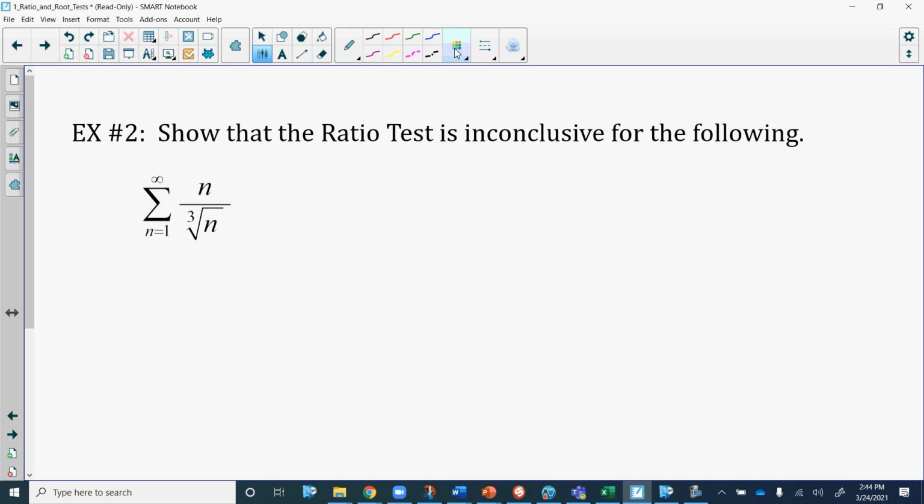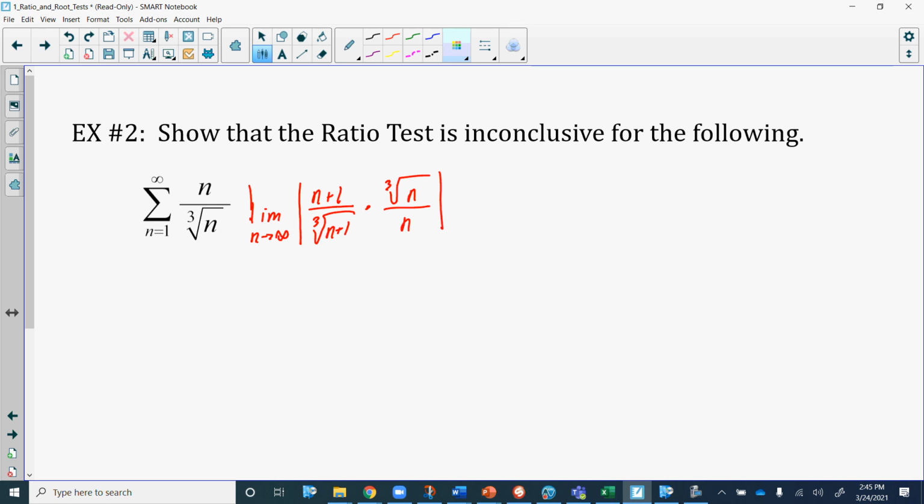Okay. So I'm going to say, according to the ratio test, the limit as n approaches infinity of n plus 1 over the cube root of n plus 1 times the reciprocal of a sub n, in this case the cube root of n over n by itself. Okay?